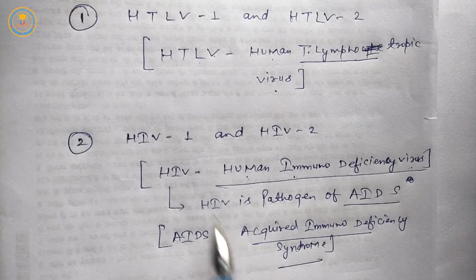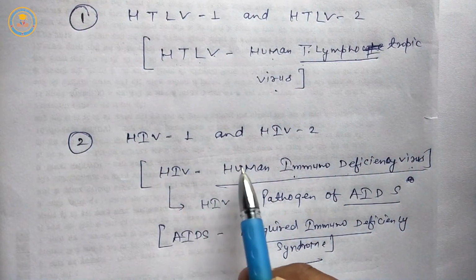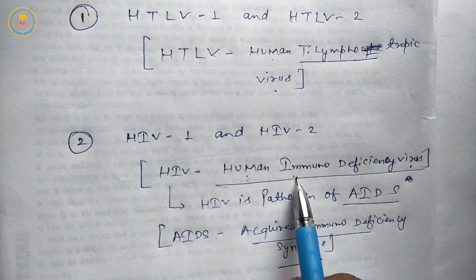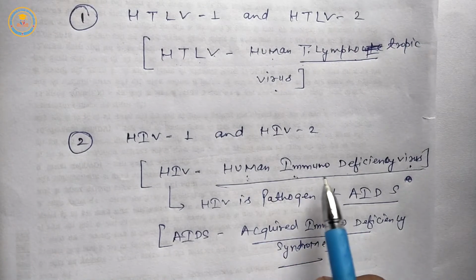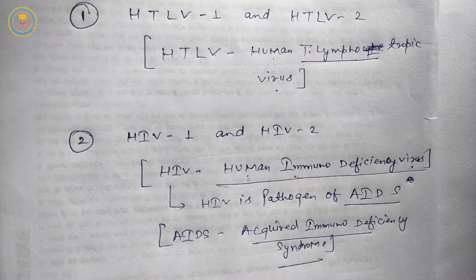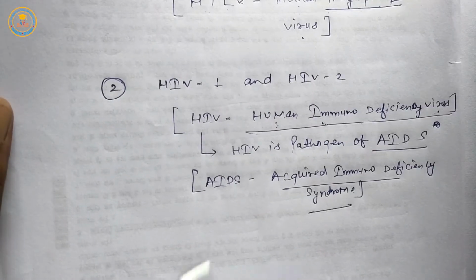Once again, HIV first and second are viral diseases related to the human immune system and human immunity. So the human immune system becomes weak. Next, HIV is a pathogen of AIDS disease.